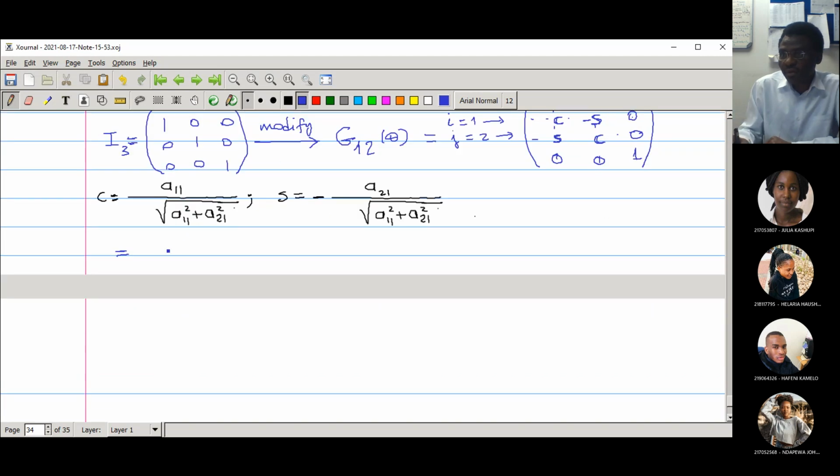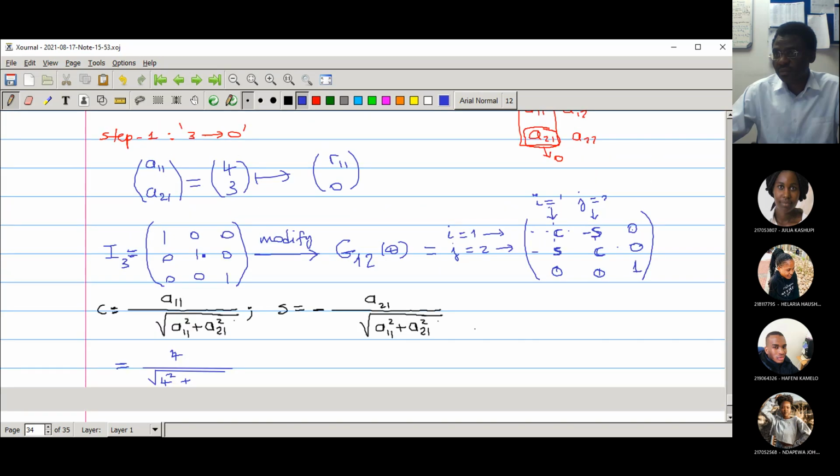So here we have 4, and, sorry, this will be the square root of A11 squared, 4 squared, plus 3 squared.